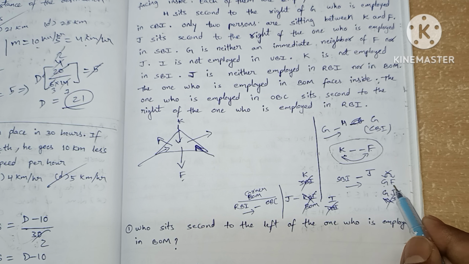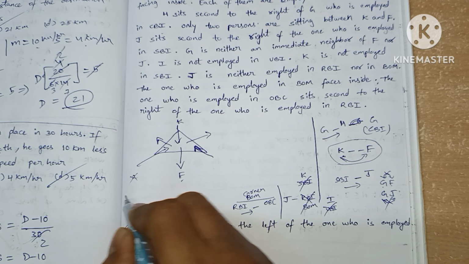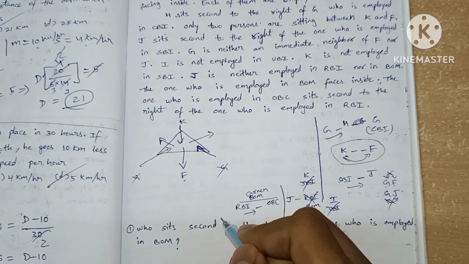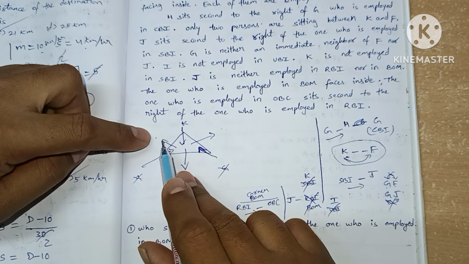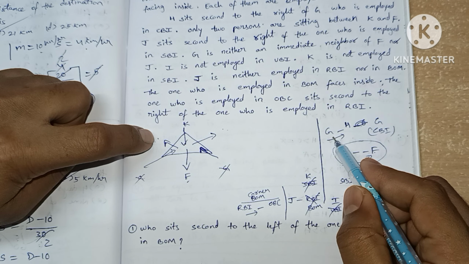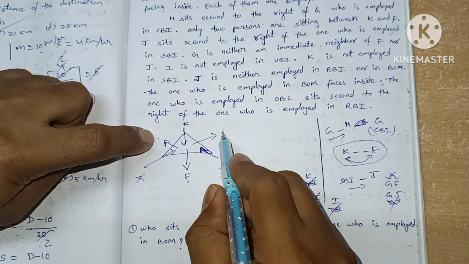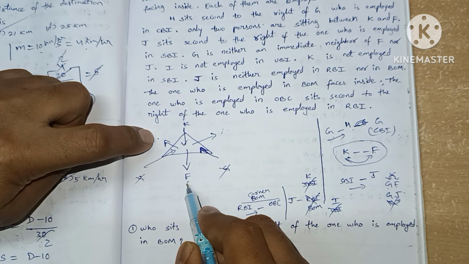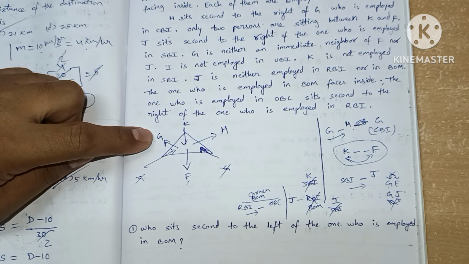G is not immediate to F, so these places are not for G, and there are only 2 places where we can place G. If we place G here, the second to the right is H, but that is not a valid place for H, so this is the only possible place for G and H.